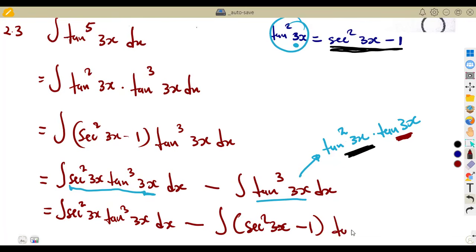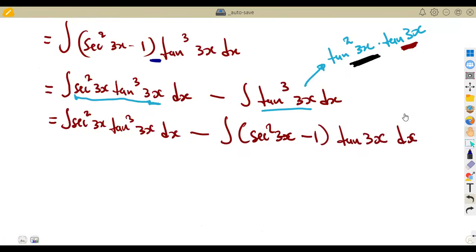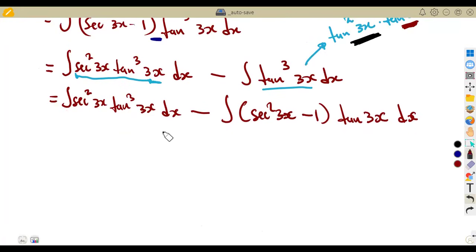So you're going to multiply by tan 3x, which is outside, with respect to x. If we check, this expansion here is the same as the expansion that we had on this bracket here. There was a condition where I said we have to expand everything by tan, but separating your integrals. So this is what you're also going to do. You are going to separate your integrals. Meaning to say we're going to have the integral of sec squared 3x tan cubed 3x with respect to x like this.